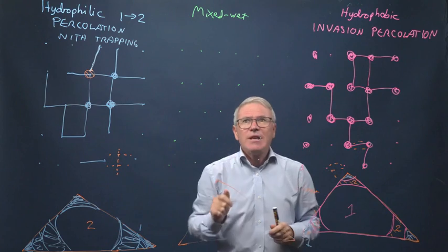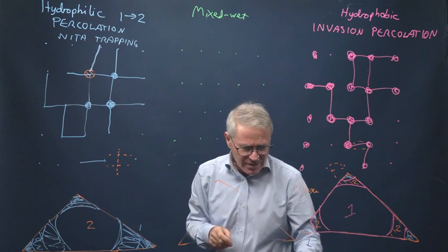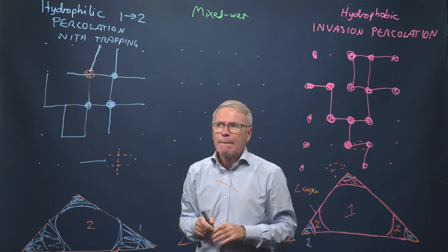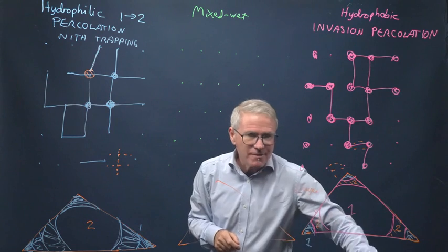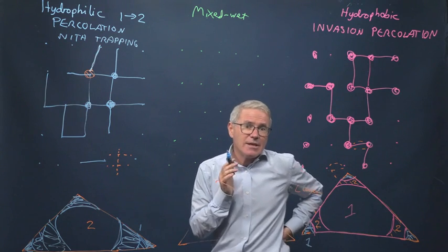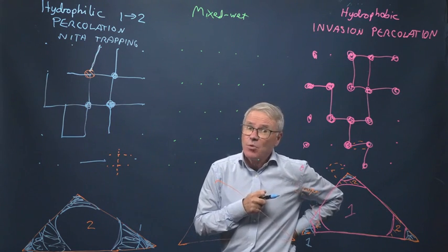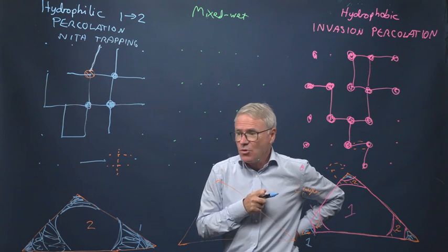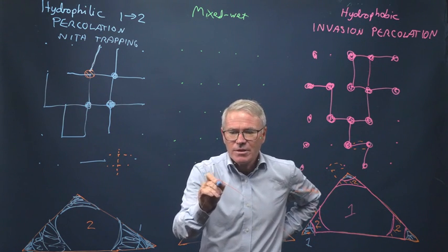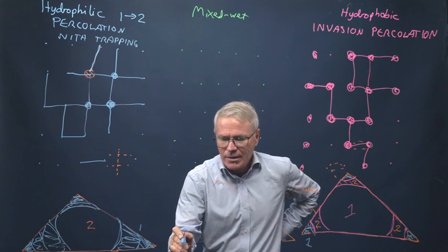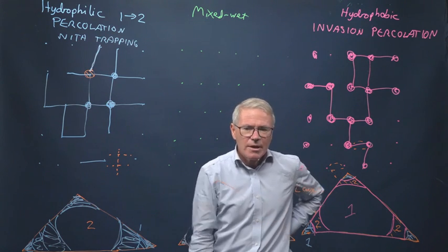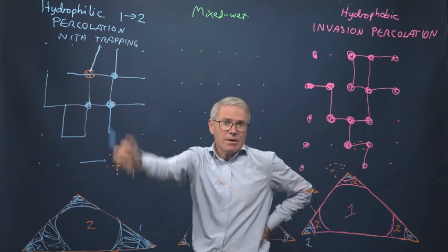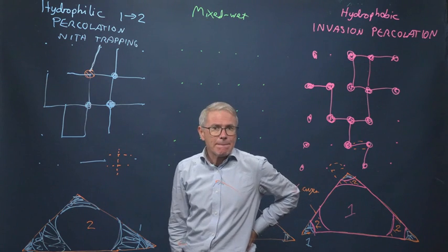But now let's do the mixed wet case, because that's really rather more intriguing. In the mixed wet case, maybe I'd indicate in blue the filling of the water wet regions. So what happens is you do have layers, these wetting layers here. In the water wet regions of the pore space, it's just as it is for a water wet case.